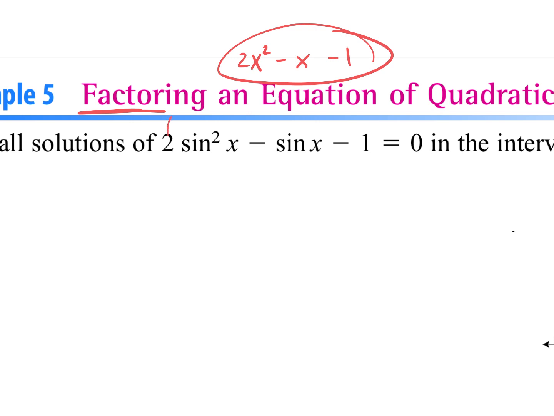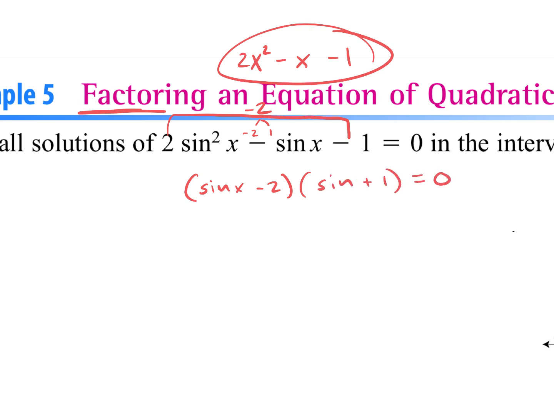I want to multiply the first times the last. So that gives me -2. What are two factors of -2 that add to -1? -2 and +1. So this would be sine -2 and sine +1.